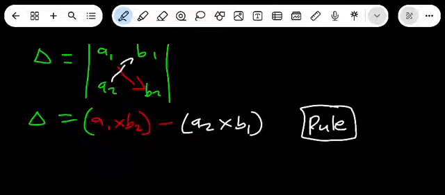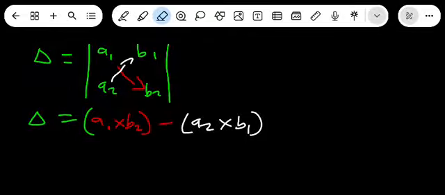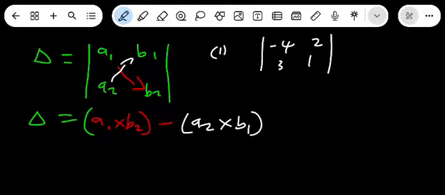How can we put this into application? Let's say we are given the matrix A: negative 4, 2, 3, 1. We have to determine the determinant of this matrix.